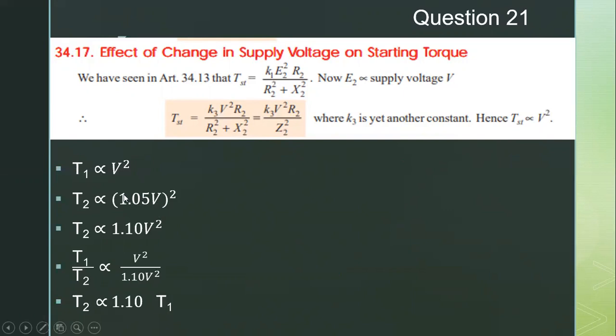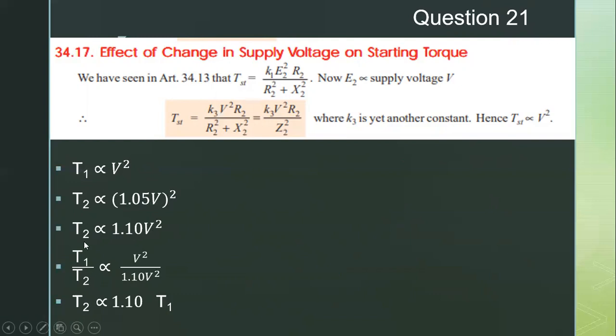So the increase is 5%, that is 0.05, so it will become 1.05 into V, the whole square. When you square 1.05, you get 1.10, so T2 is directly proportional to 1.10 V square.